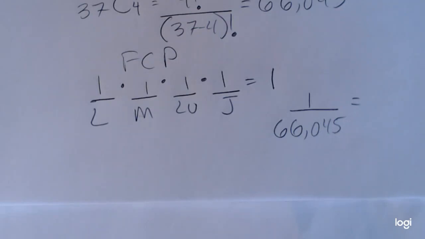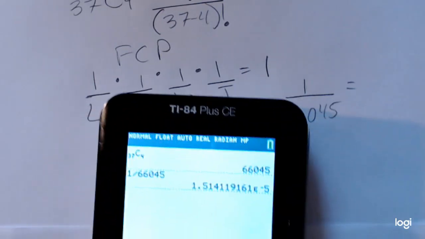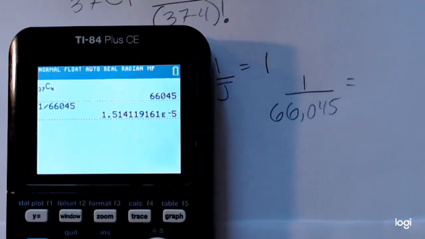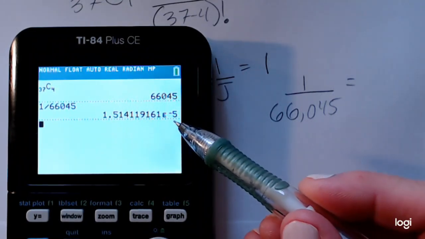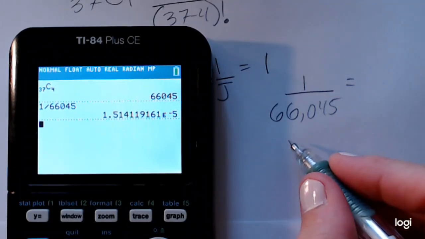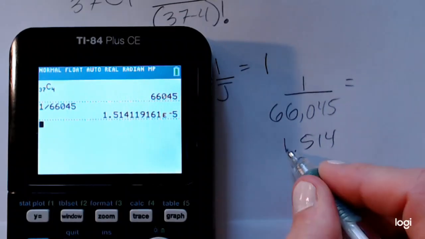When I put this in my calculator, I get something expressed in scientific notation. To write this carried out to 3 decimal places, you don't want to put the E in your answer. It's going to be 1.514, rounding to 3.